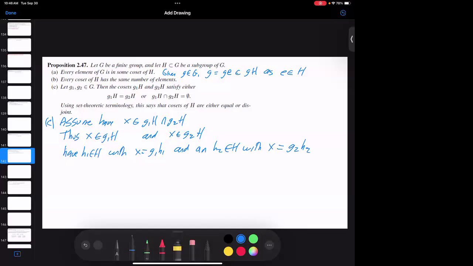So we know x is g1h1, we know x is g2h2, what can we deduce? Yeah, therefore, g1h1 equals g2h2, or g1 equals g2h2h1 inverse.